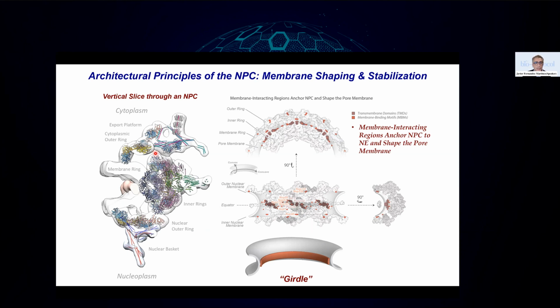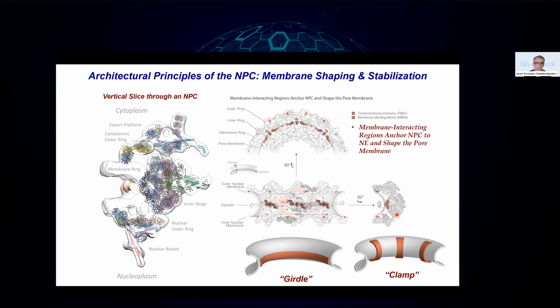Then also, when we look at how more peripheral proteins connected to the membrane ring, we found that they seem to be guiding the curvature of the two leaflets of the nuclear envelope membrane, the inner and the outer, and forming what we call clamps that seem to be stabilizing this type of curvature that the NPC has in the nuclear envelope.